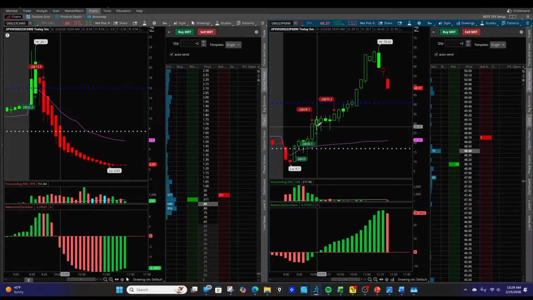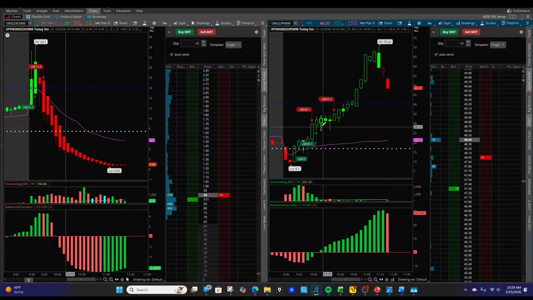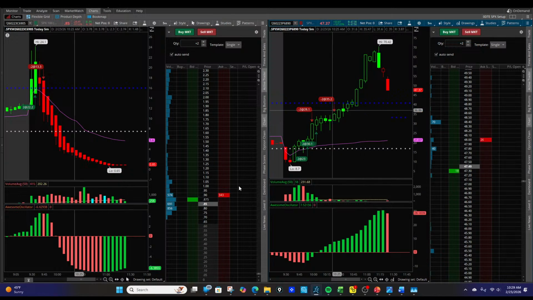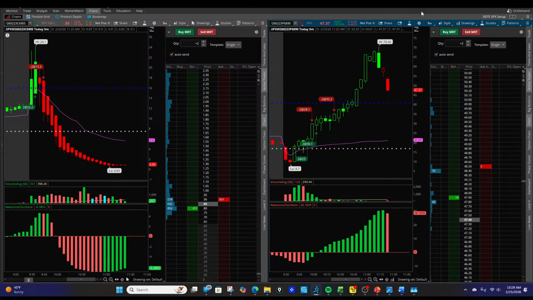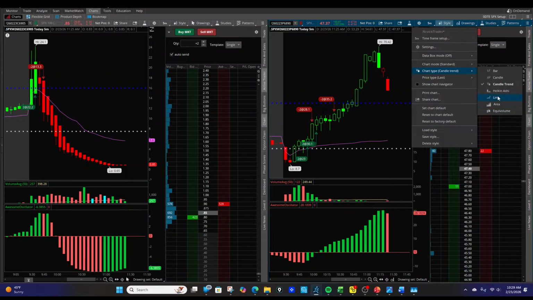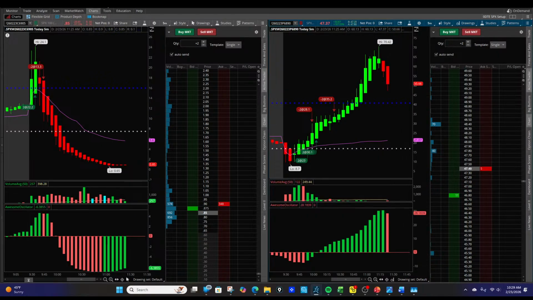I mean, it's still, all these are green, but some are solid green, some are hollow green. So to me, that's jagged looking, and it's hard on the eyes. And so what I like to see is I like to see the Heikin-Ashi candle because it's smoothed.